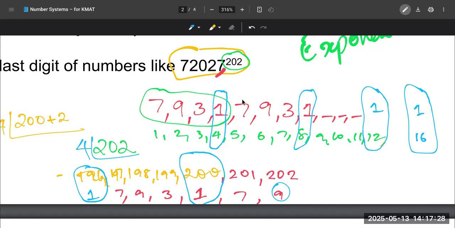After 1, it is 7, 9, 3, and then 1. 9 is our answer.